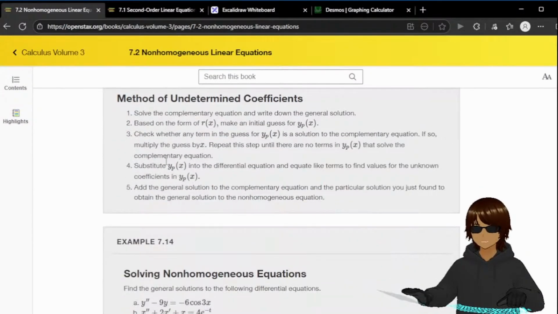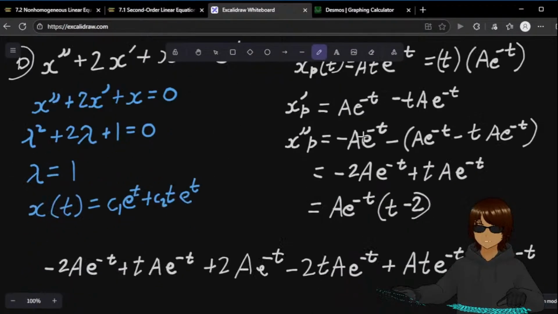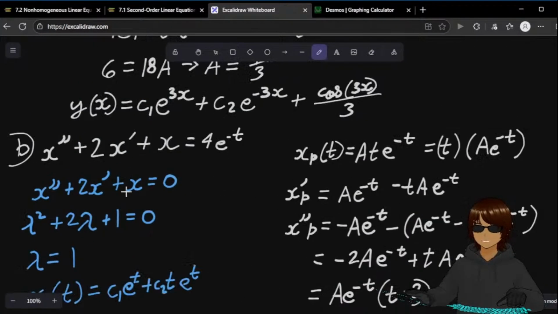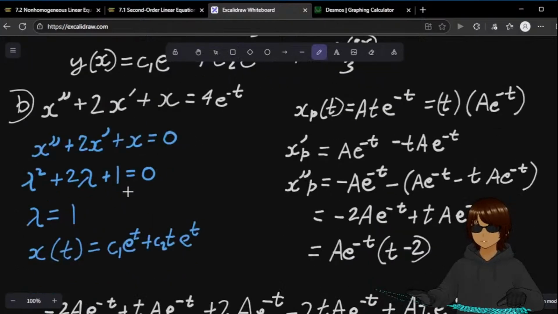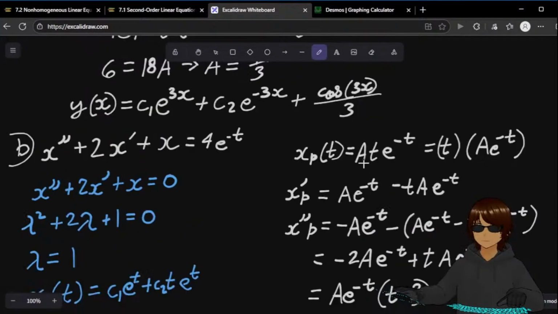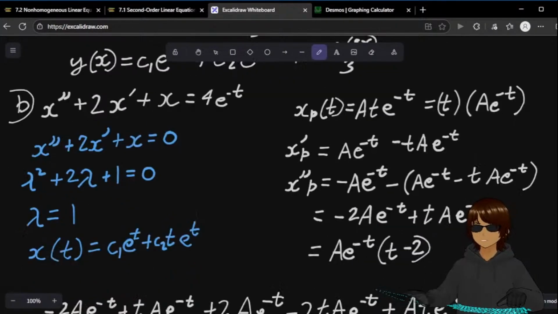Okay, so check whether any term in the guess for yp is a solution to the complementary equation. So my guesses for yp cannot solve the complementary equation. If it does, then I have to make another guess. So instead of at, I now have to guess at square.